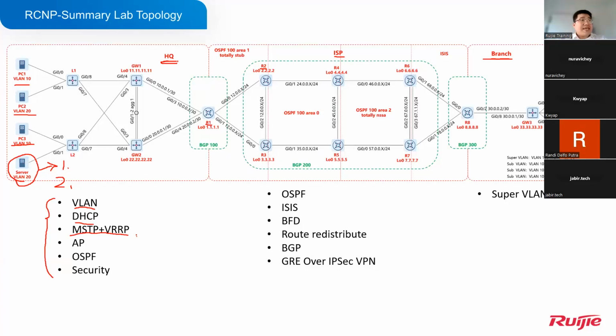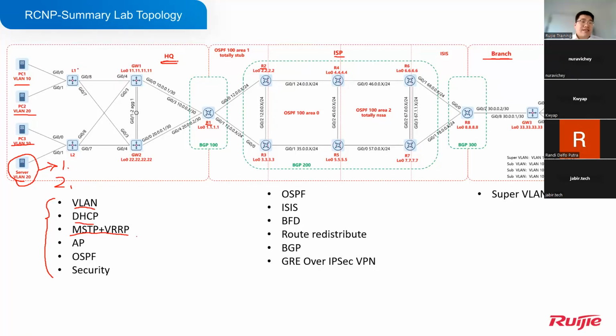Based on the STP, it can distinguish different VLANs into different instances. And then based on each instance, the MSTP can calculate or can convert the network into different topologies. So in this way, there will not be any links that are totally free in the network.